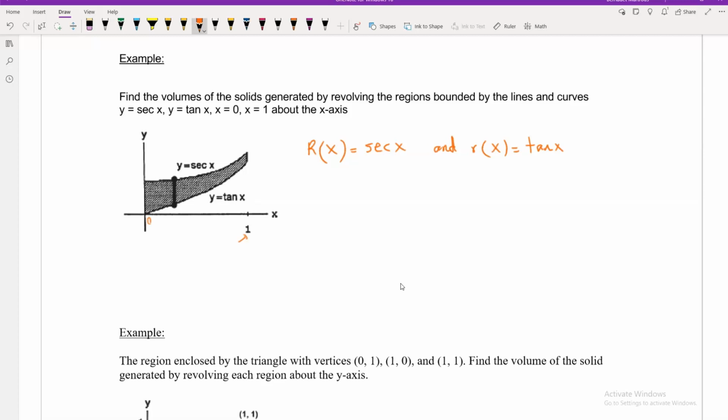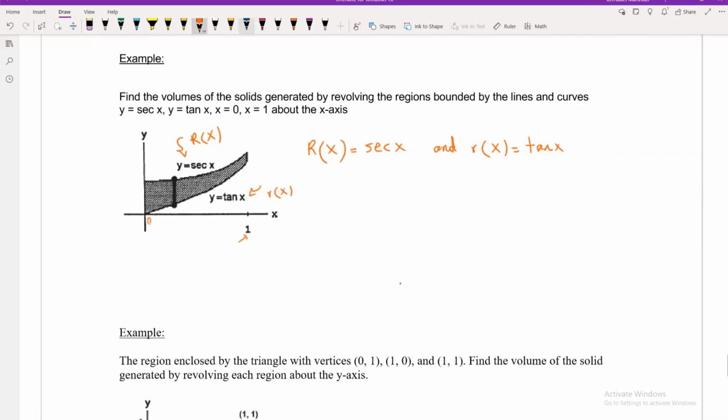So our outer radius is this part, and the inner radius is what we have for tangent. So this one is R of x, that is the outer radius, and this is the inner radius.